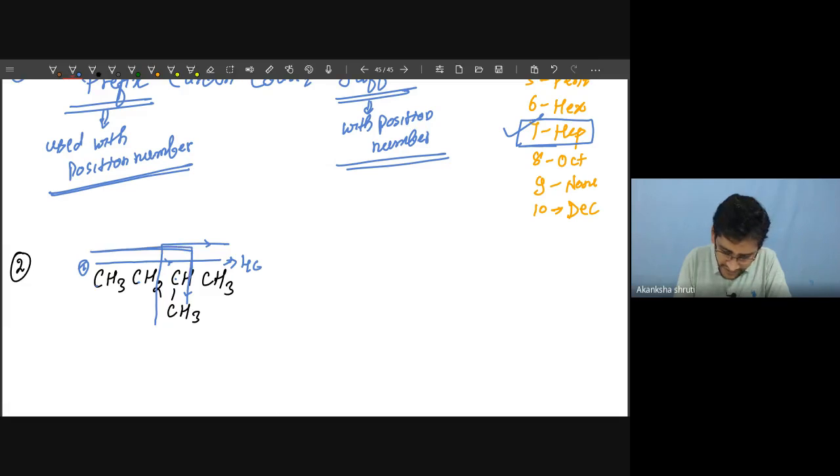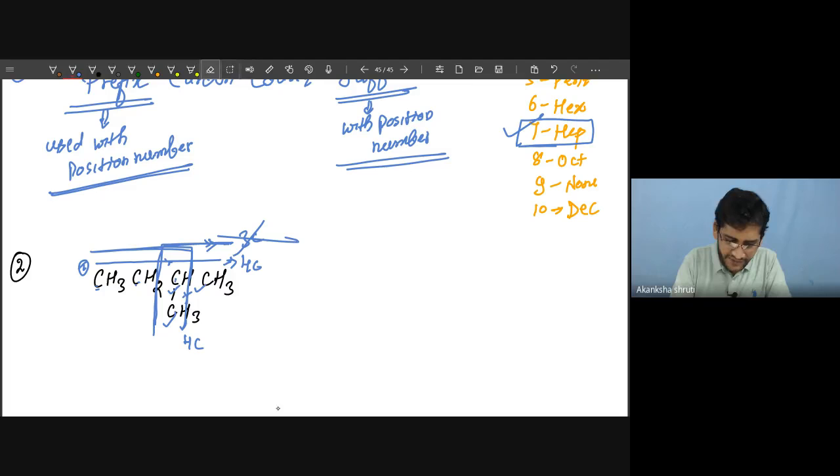Considering the curved one, again 1, 2, 3, 4, the same, 4 carbon. But considering the third one, starting from this and going like this, it is 1, 2 and 3 carbon. So this is ruled out.